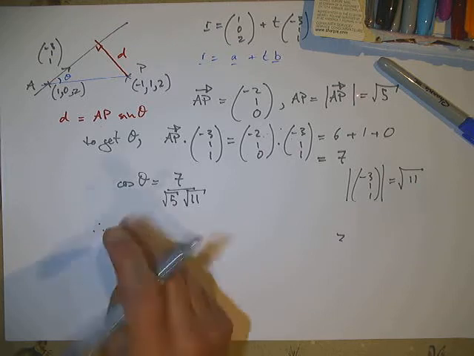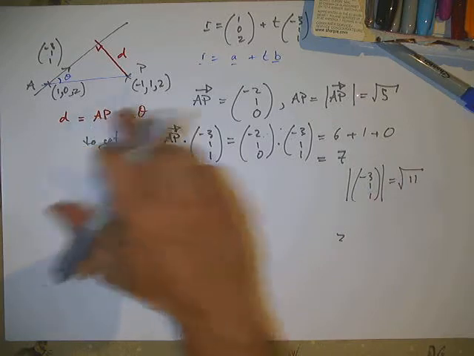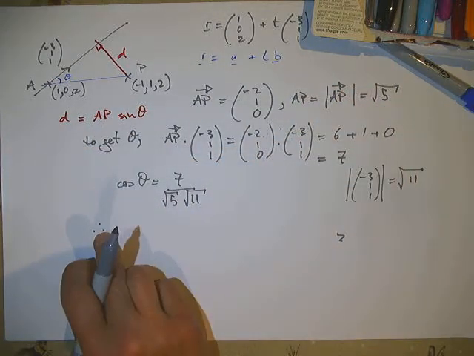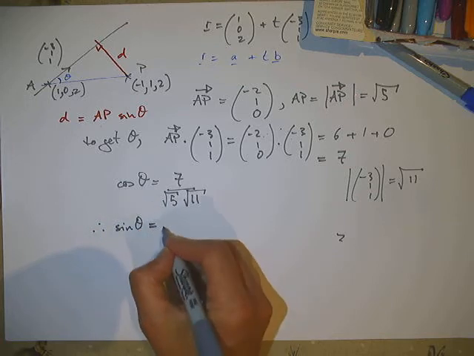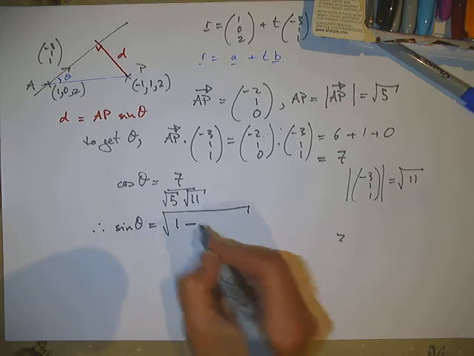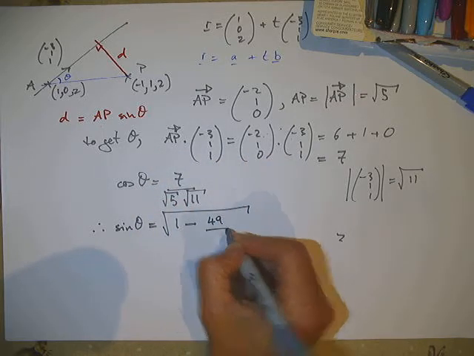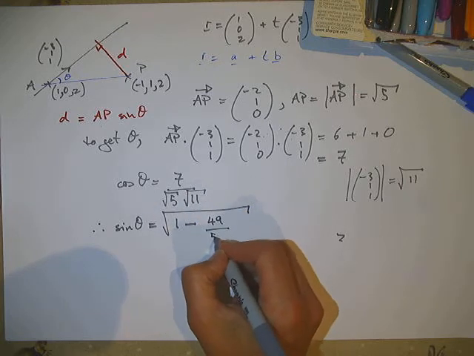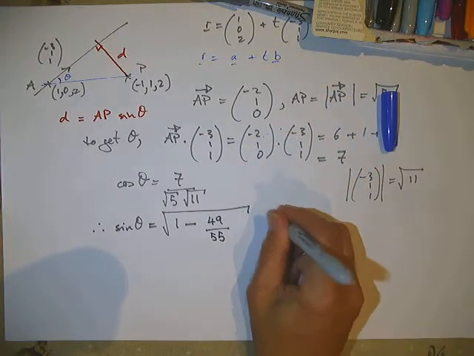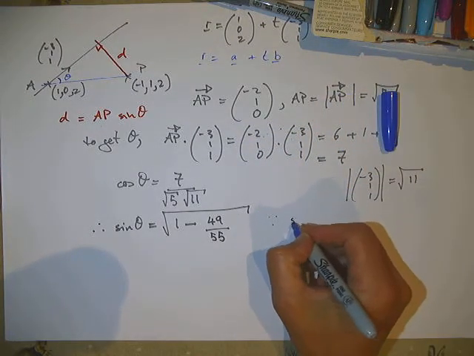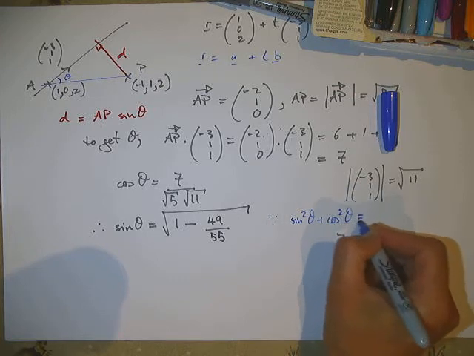Therefore, it's sine theta I want. Remember, I've already got AP. It's √5. Look at how I'm respecting the vector. Right. Therefore, sine theta is the square root of 1 minus this squared, 49 over 55, because sine squared theta plus cos squared theta is always 1.